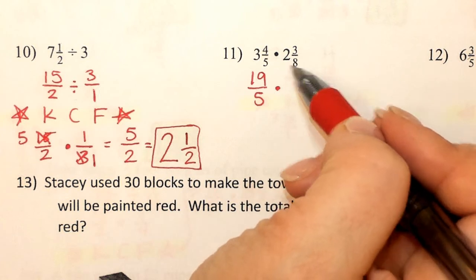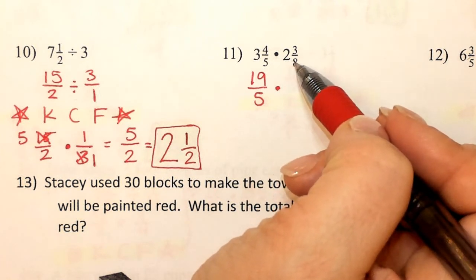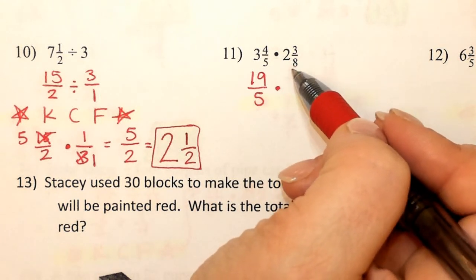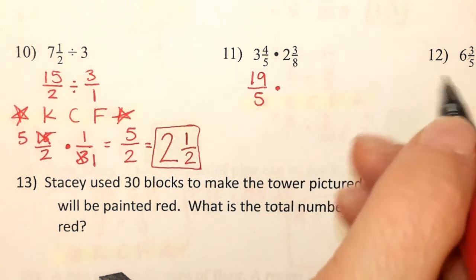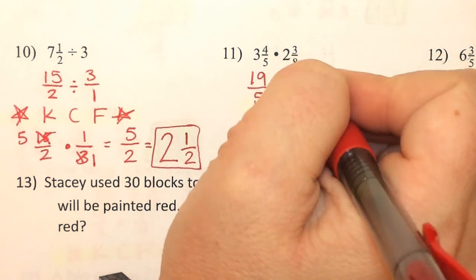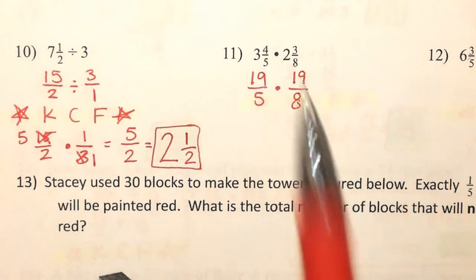You're good, Gabby. So I'm looking at that second one. 8 times 2, what do I get? 16. Okay. And then plus the 3 gives me 19 over 8. So it looks kind of weird because I have 19s on both of them.